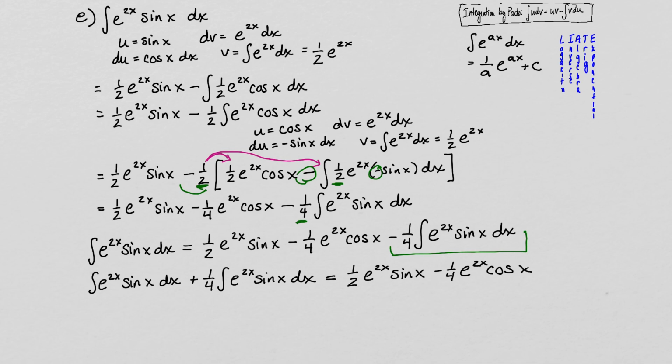Does that make sense? I don't really substitute it. All I did was take this whole piece and move it to this side of the equation. So now I've got one integral plus another integral on the left-hand side, and on the right-hand side, I have no integrals.